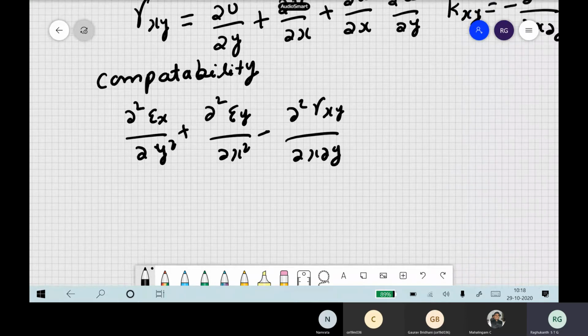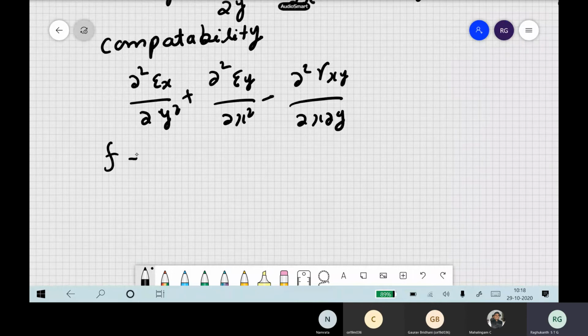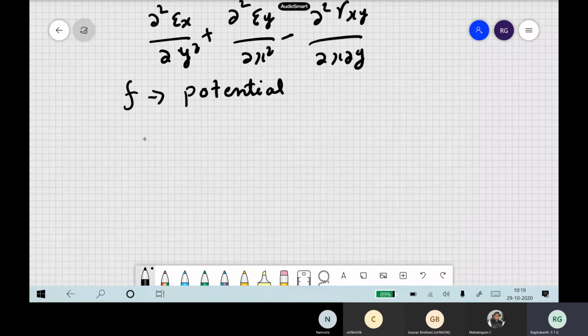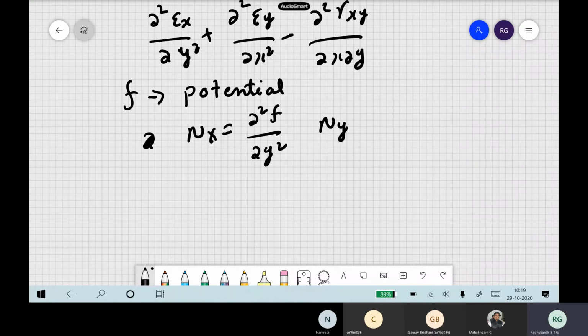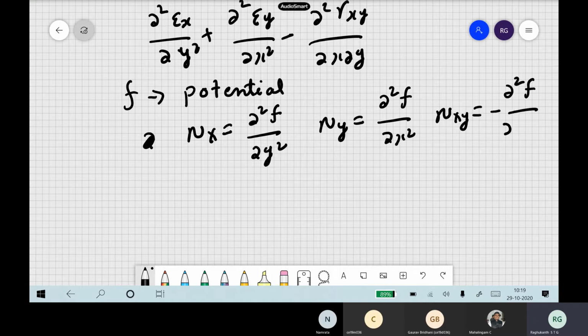We write in terms of stress. So nx is dou square f by dou y square, then ny is dou square f by dou x square, and nxy, if you write as minus dou square f by dou x dou y, it satisfies all the equations, the first equation and second equation.